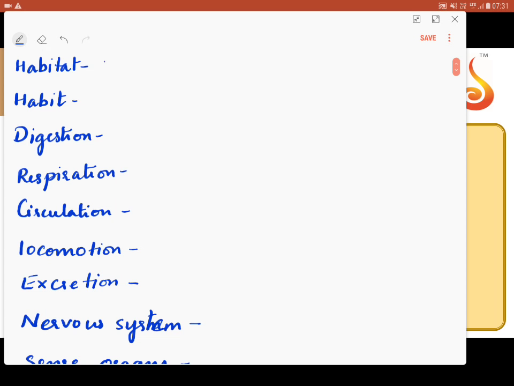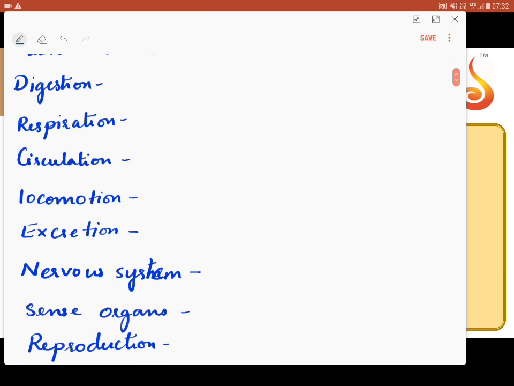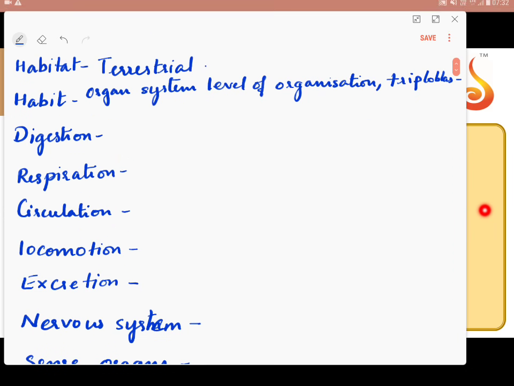Habitat. It is a terrestrial form. Habit. This comes under Vertebrata, hence it has the highest type of habit. Organ system level of organization. Triploblastic. Eucoelomate.